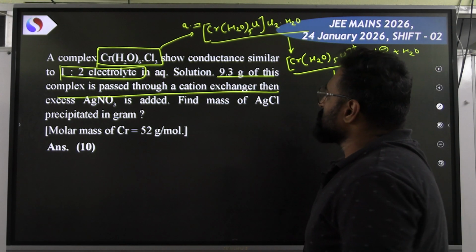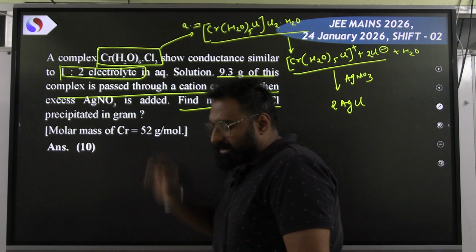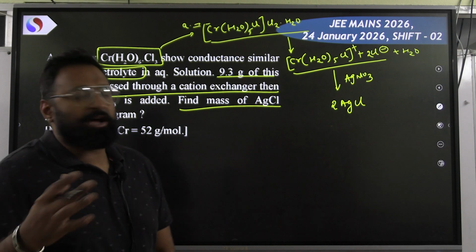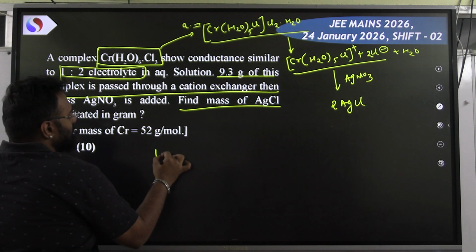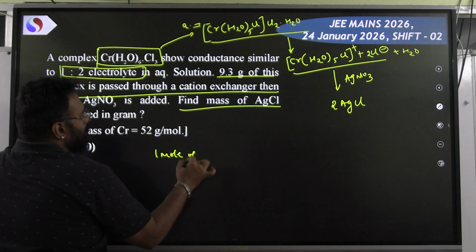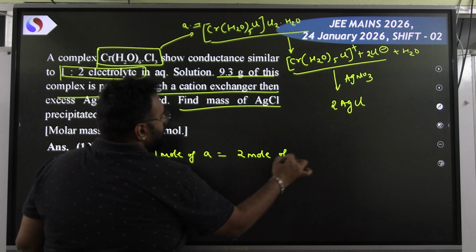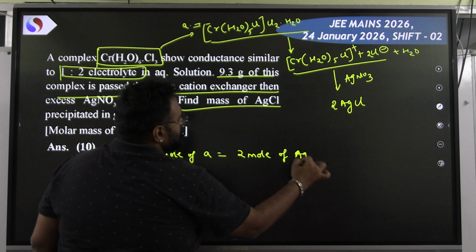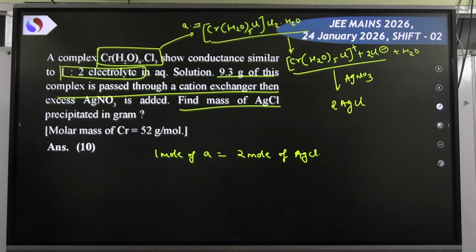You need to find the mass of AgCl precipitate. So from the reaction, can I say 1 mole of A is equal to 2 mole of AgCl? Can I say like this?